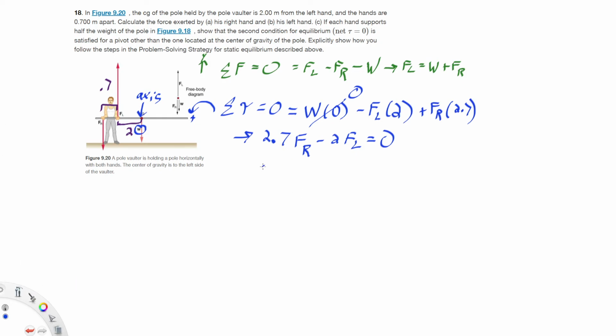So we can say 2.7 FR minus 2 times (W plus FR) equals 0. So that's going to give us 0.7 FR equals 2W.